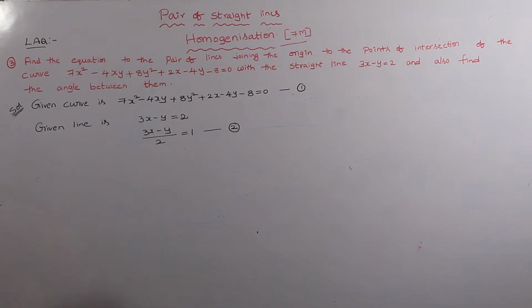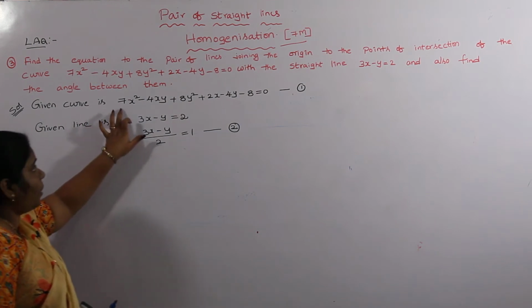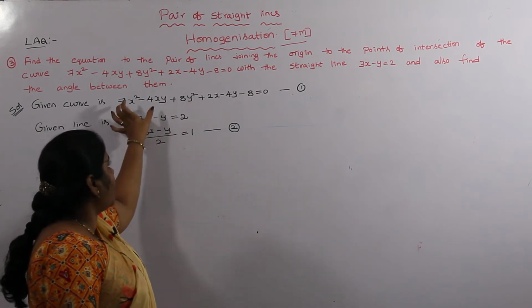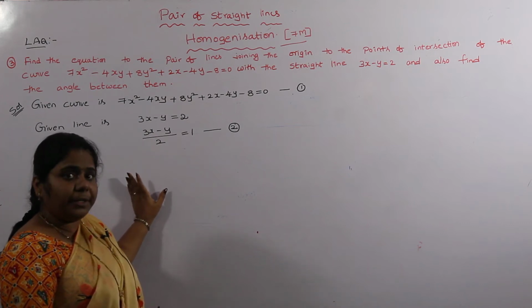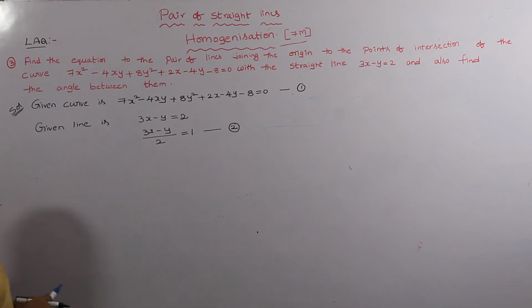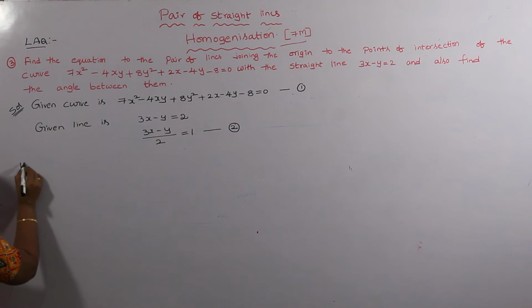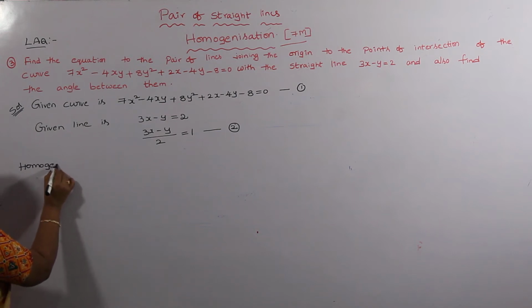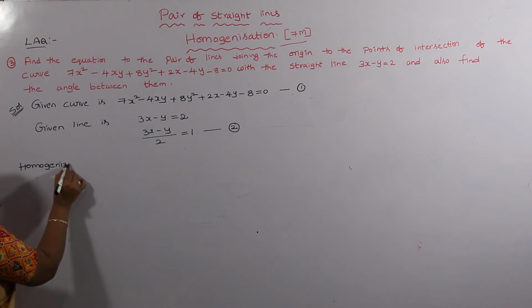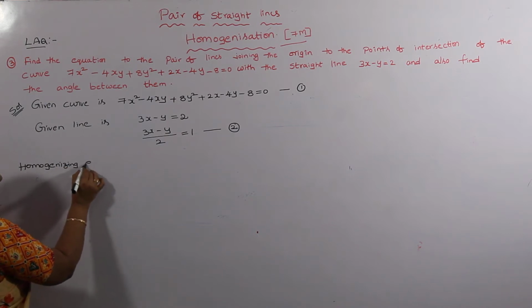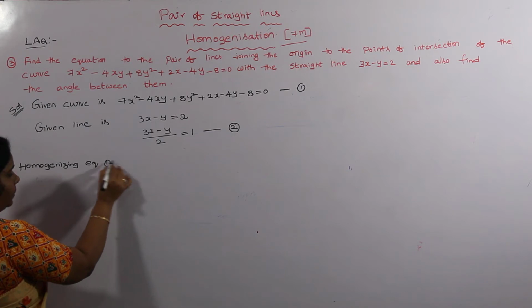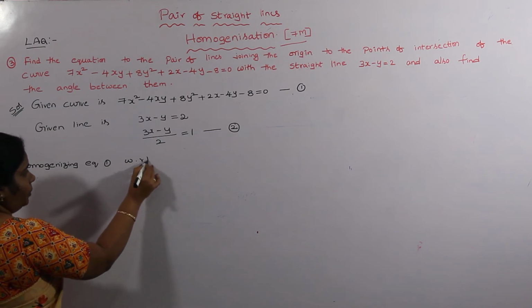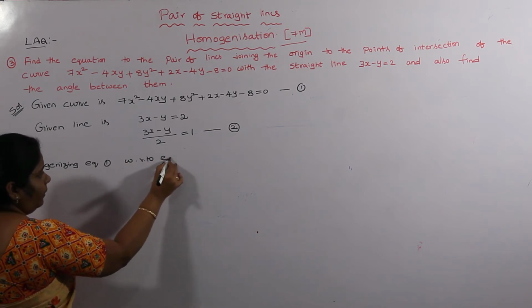Okay. Now this is the given equation. The given curve is a non-homogeneous equation. This non-homogeneous equation is converted into a homogeneous equation. That is the next step. Homogenizing equation 1 with respect to equation 2.